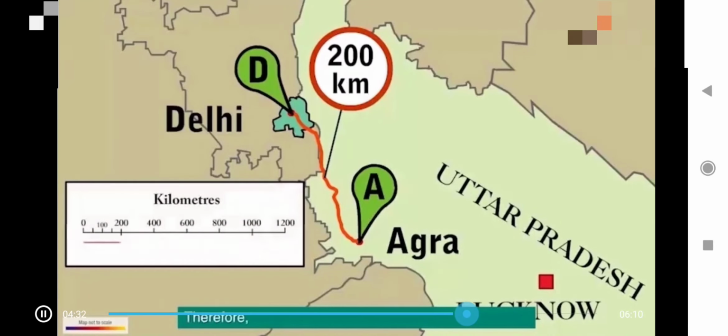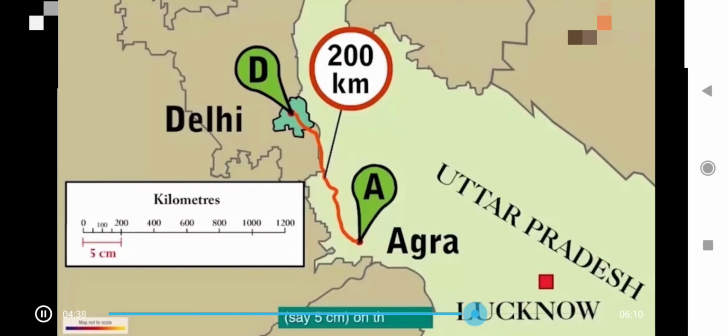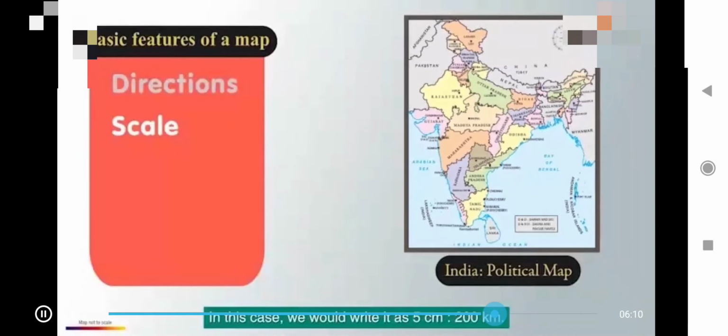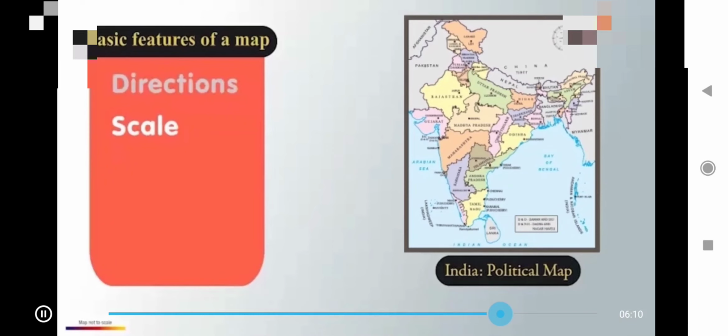Therefore, this distance is represented by a smaller unit, say 5 centimeter, on the map. The ratio between the distance on the ground and the distance on the map is known as the scale of the map. In this case, we would write it as 5 centimeter is to 200 kilometers. Maps are always drawn to scale.